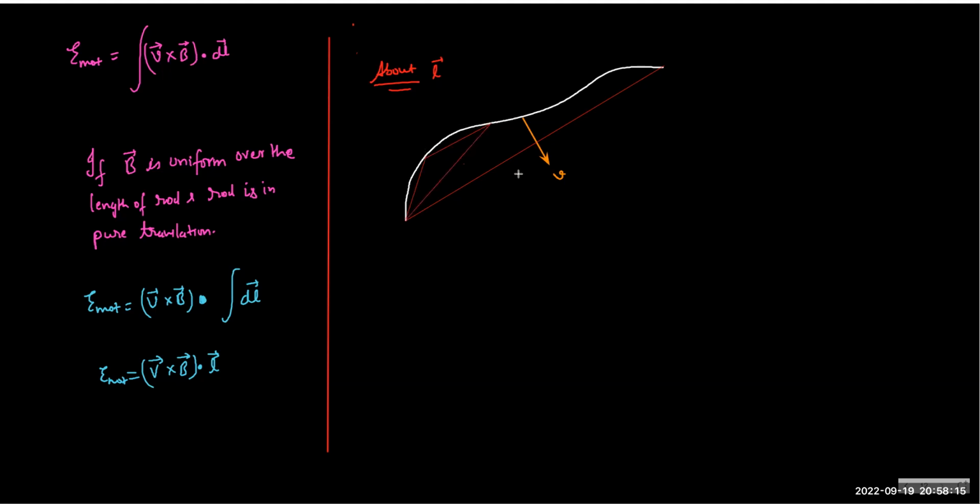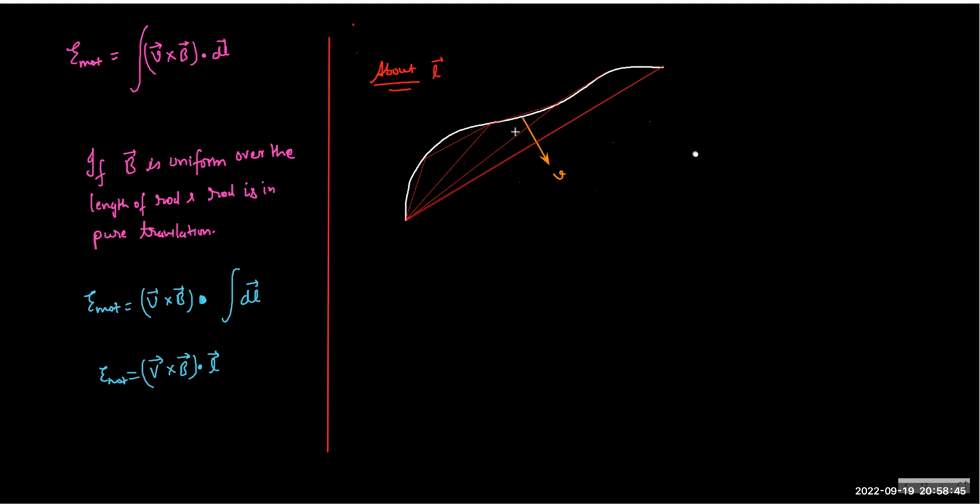This is the net value. If you keep on adding the next dl, the final resultant vector will be like this. So eventually, when you come to the end point, this is the displacement, the final resultant vector, right? So L is only the line joining the beginning of the segment to the end of the segment. It has nothing to do with the shape.